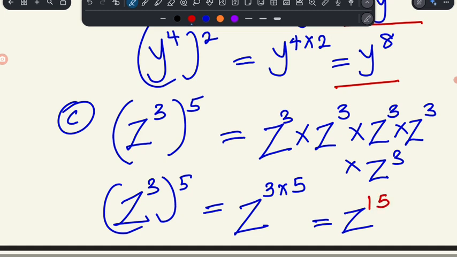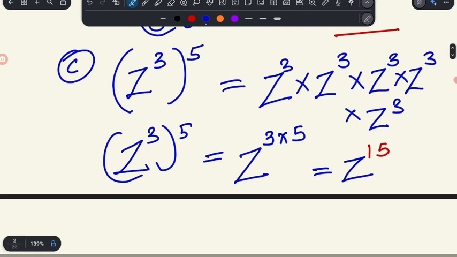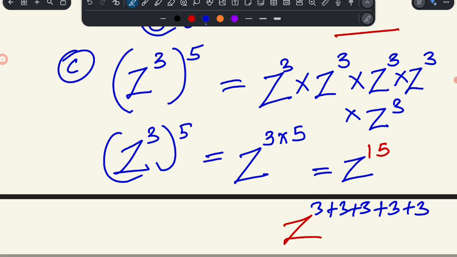Remember that if you pick only one z and add everything together, plus 3, plus 3, plus 3, this is 3, this is 6, everything will give us z raised to power 15.